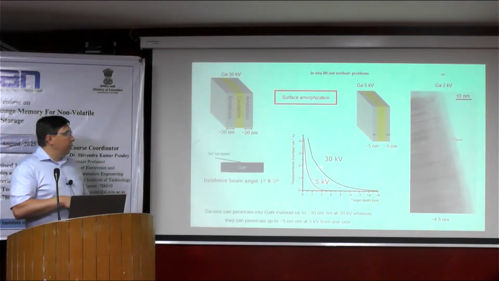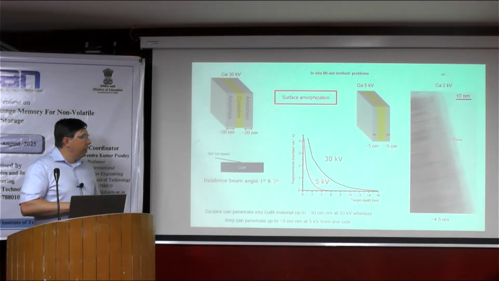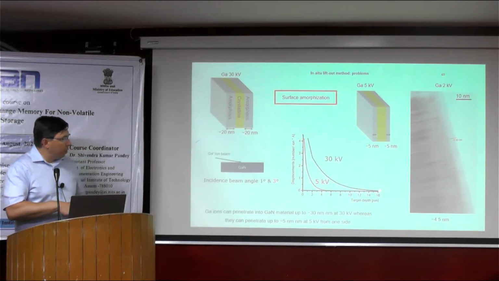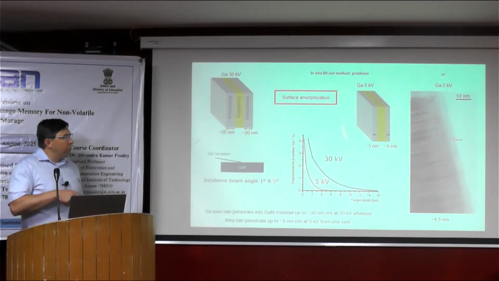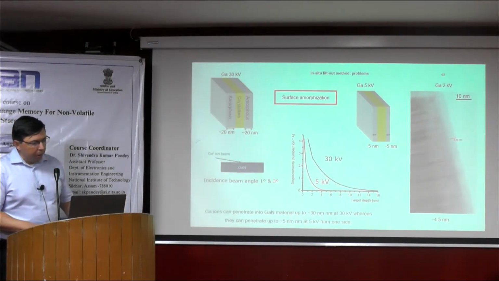If you use 30 keV, we can see that the ions can go to large distances, more than 16 nanometers. And if we reduce the voltage, then the ions can go up to maybe 5 nanometers. It can also be nicely supported by experiment.